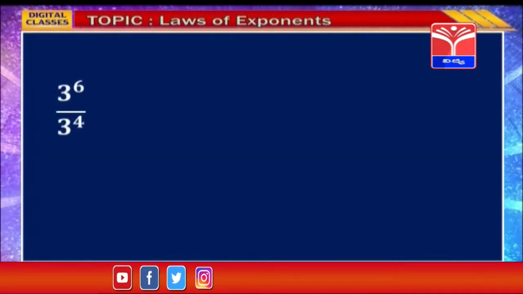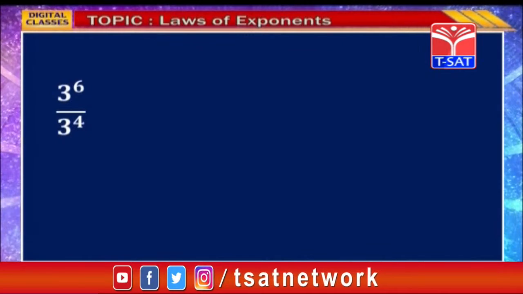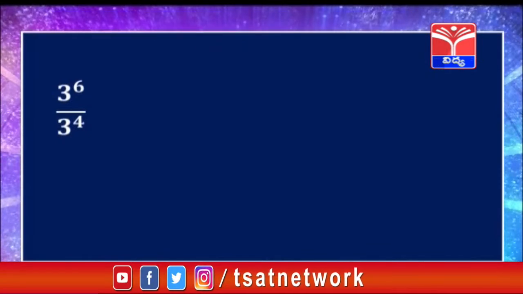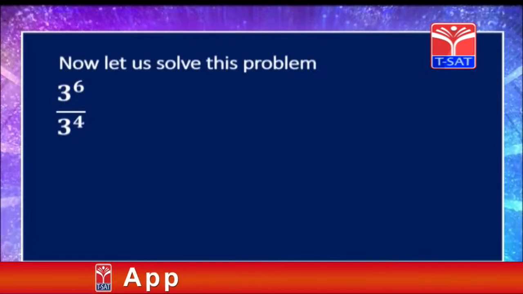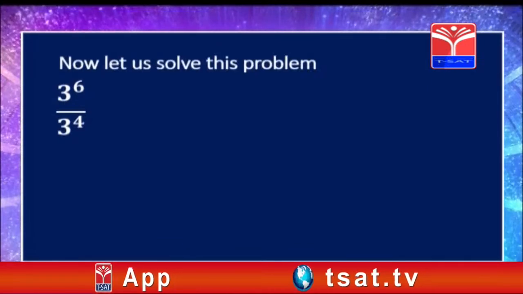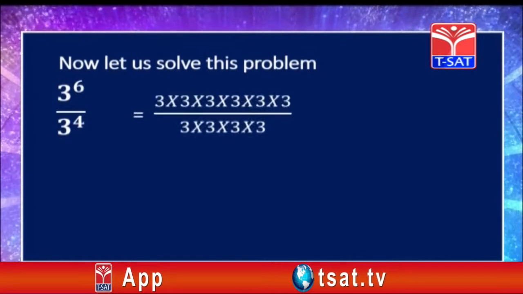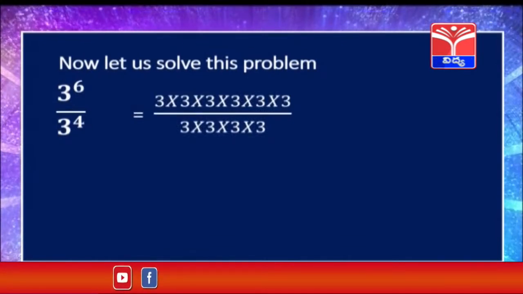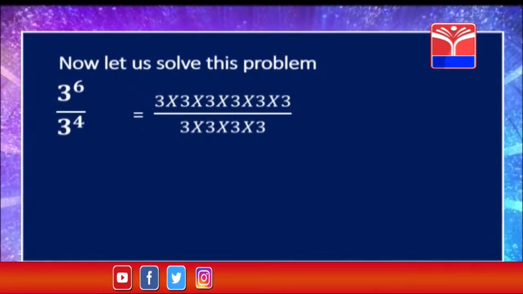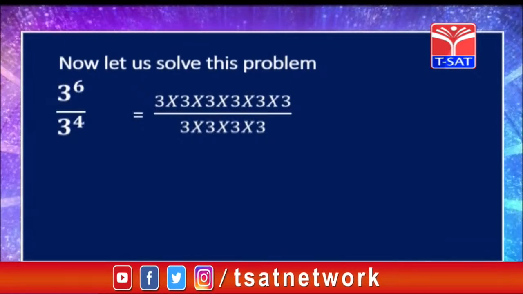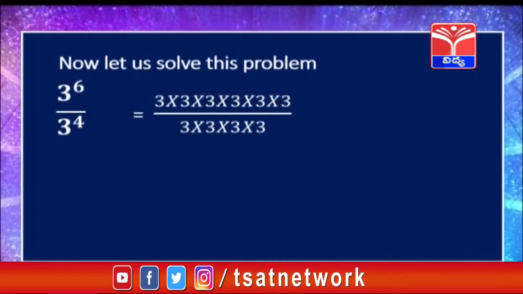Now look at this problem. There is a division in between these two exponents. Now let us solve this problem. 3 to the power of 6 can be written as 3 into 3 into 3, 6 times, and 3 to the power of 4 can be written as 3 into 3, 4 times.